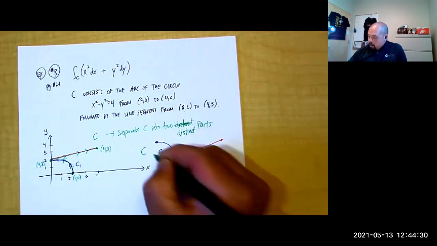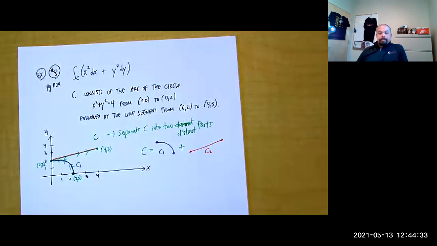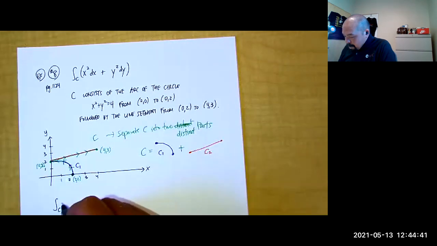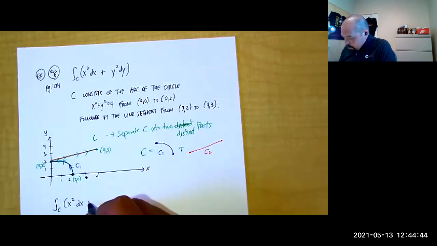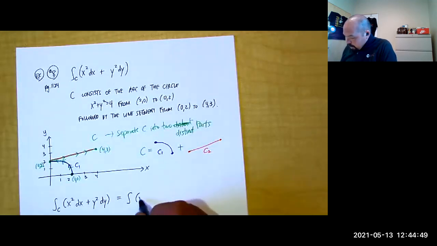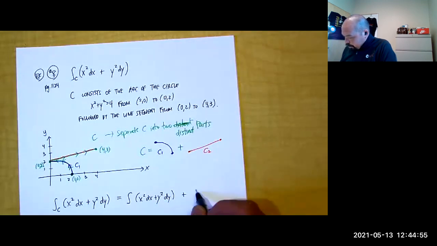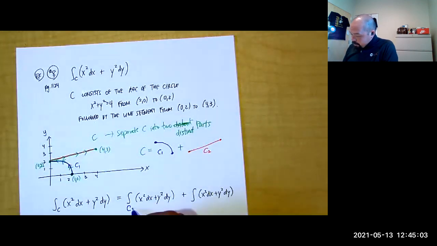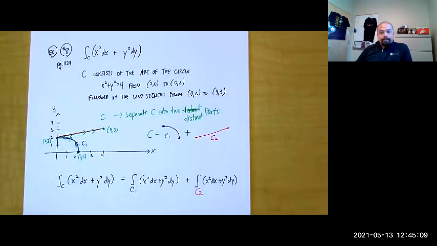So C is going to be the sum of these two paths put together. So then, as long as we can parameterize those two, we keep the same information in our integrals because it's still the same function, the same action operating along that path. But now we just have to kind of separate, parameterize accordingly those two paths.